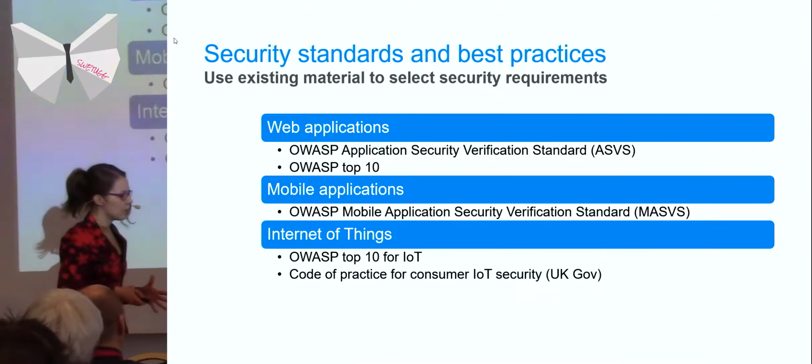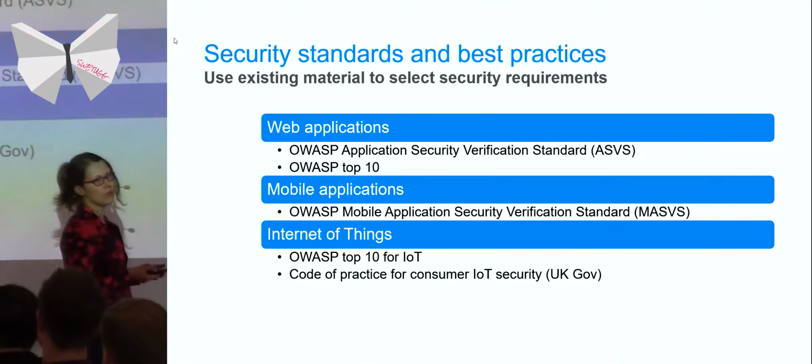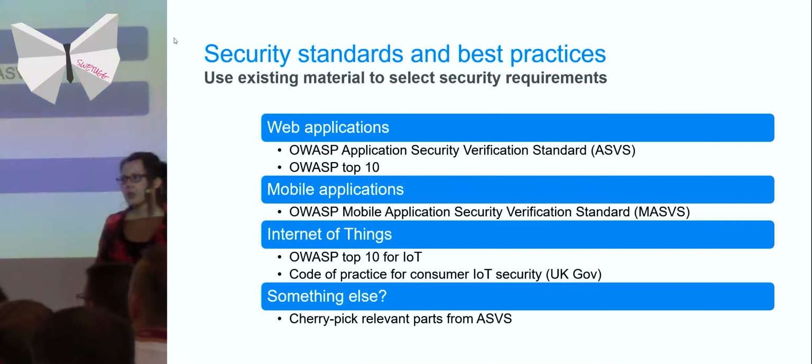If you're doing IoT stuff, there's the OWASP Top 10 for IoT as well. I think this material from the UK government is pretty good as well, for what you'd have in consumer products. But then you might be thinking, what if I do something else? I don't do mobile apps, I don't do web apps. Well, the good news is that you can use the material from ASVS.